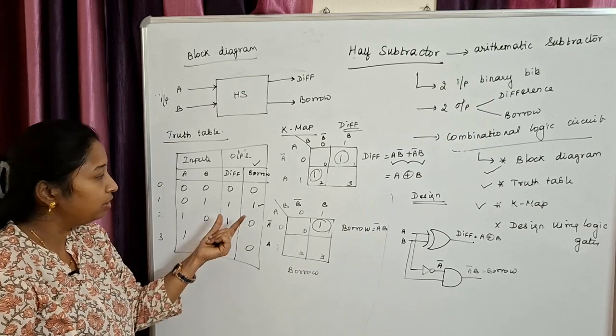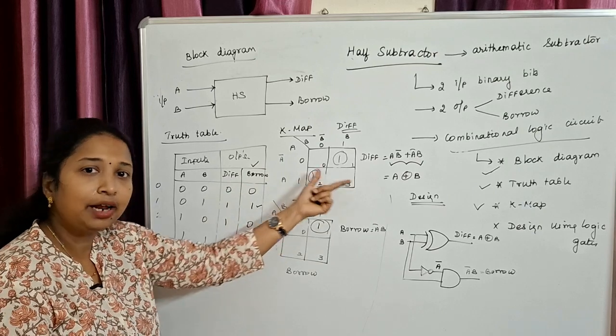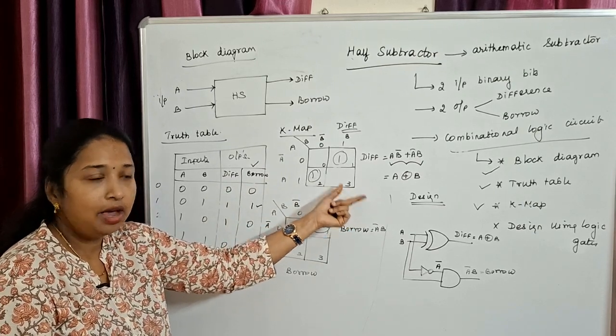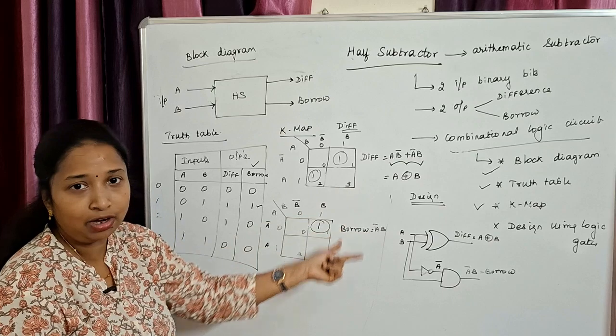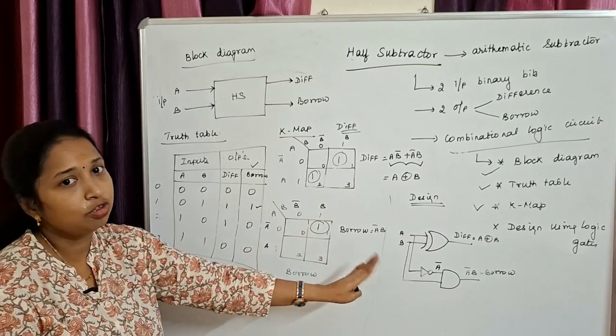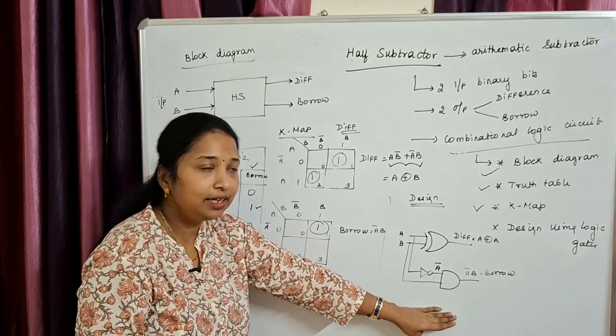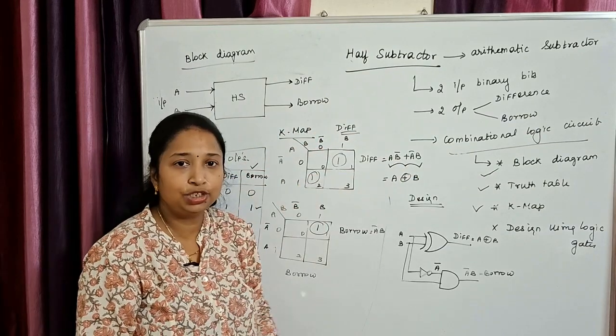For that, you have to take the output of your truth table to your K-map, do the positioning and then do the mapping, try to get the simplified Boolean expression. And after finding the final simplified Boolean expression for both your outputs, what is the next step? You have to design them using your logic gates. Clear? And this is the final design of your half adder using combinational logic circuit.